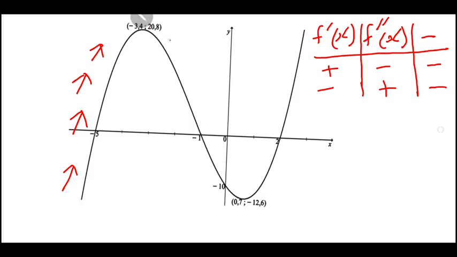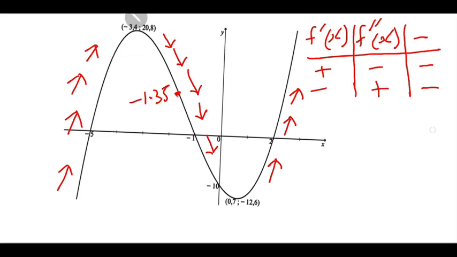And from the turning point, the graph is decreasing. So the first derivative is negative here. Again from this turning point increasing. So the first derivative is positive here. Remember, point of inflection is here, negative 1, 35.